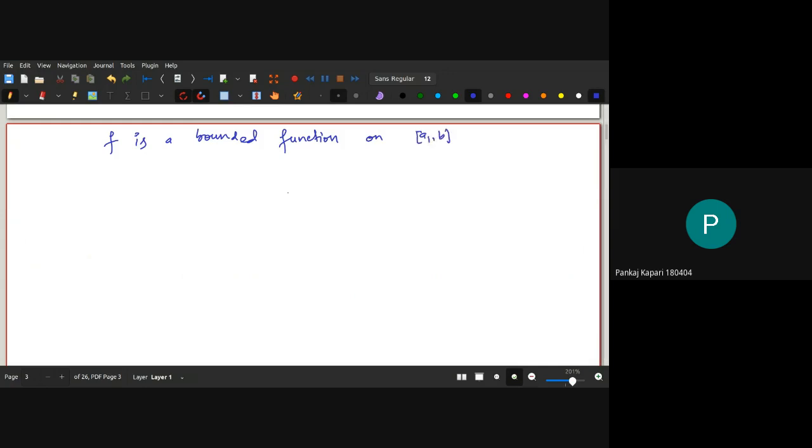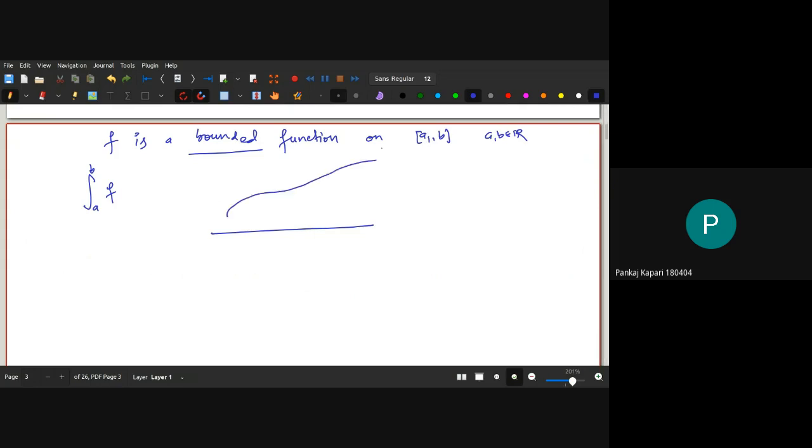So your interval is bounded, a and b are finite real numbers, and your function is also bounded. Now we want to define the integral of this function from a to b. We write it like this. So what is an integral? This basically gives the area under the curve or the graph of the function.